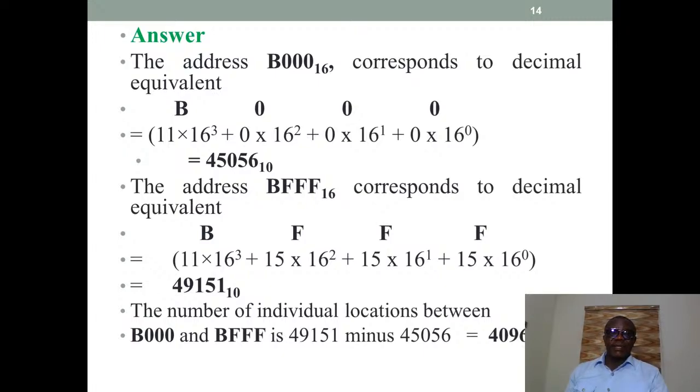So we go to the second question, which says the number of individual locations between B000 in base 16 and BFFF in base 16 will be the last address minus the first one, which is 49151 minus 45056, which will give you 4096.